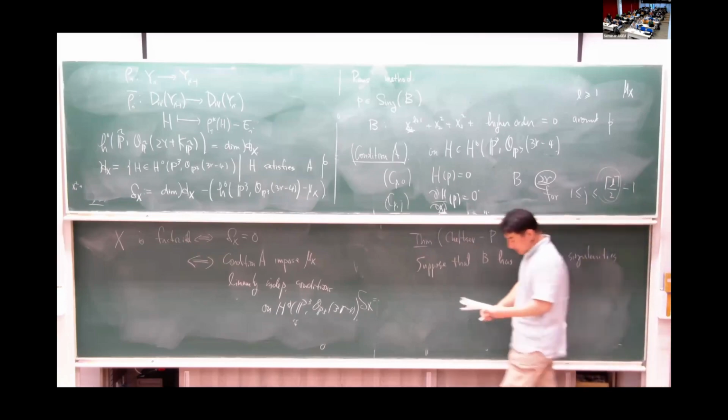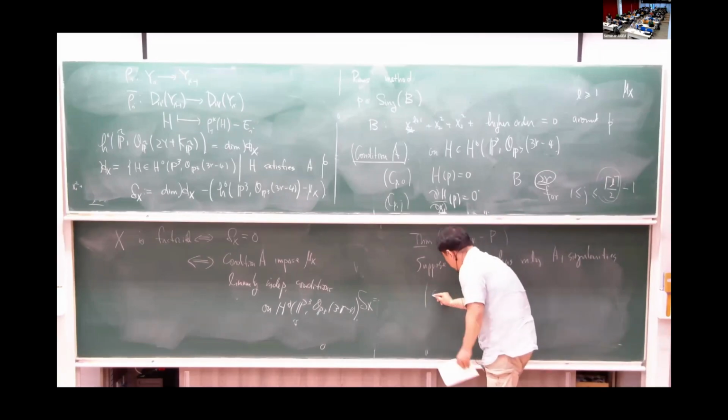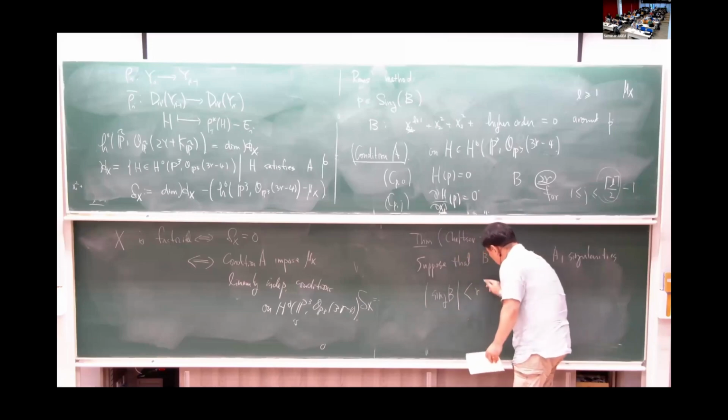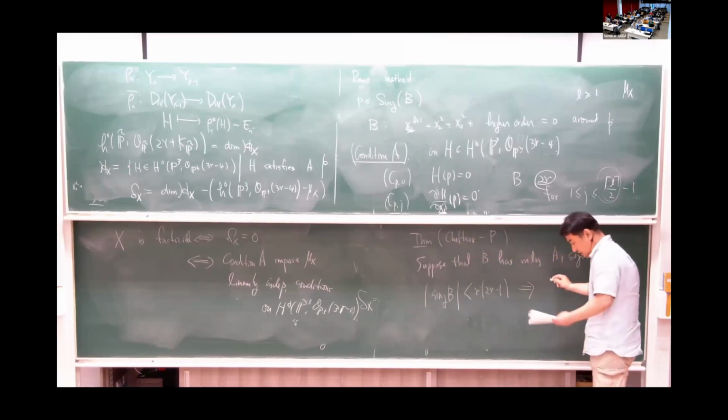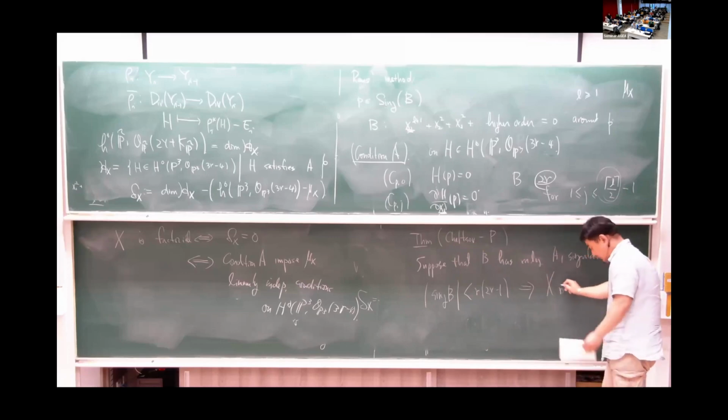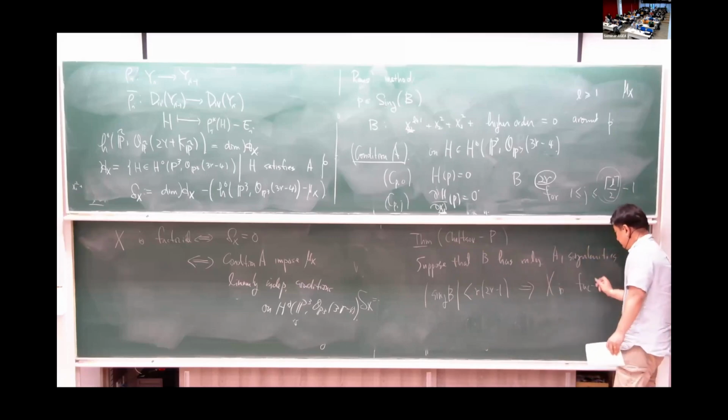And the statement is the following. If the number of nodes is at most r times 2r minus 1, then this X is factorial, right?